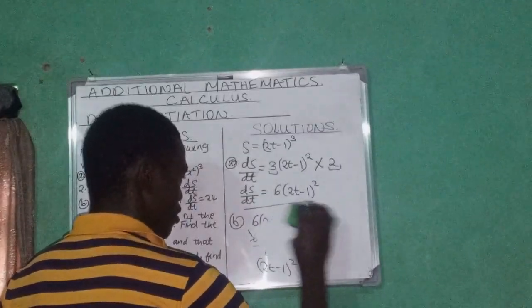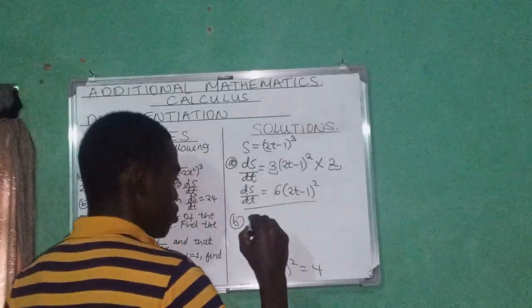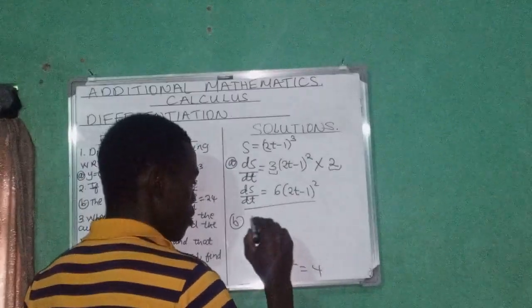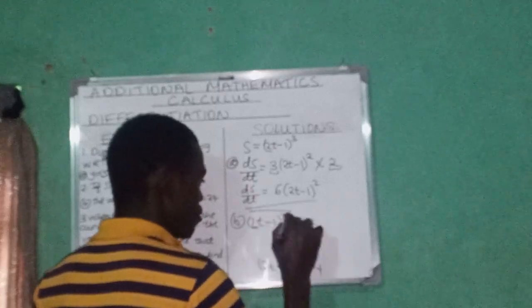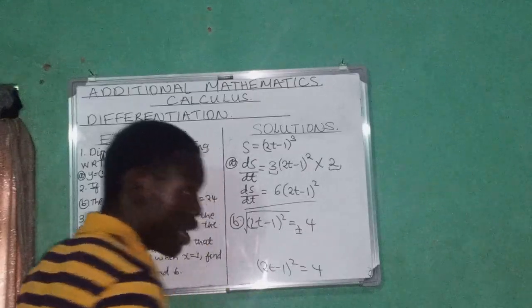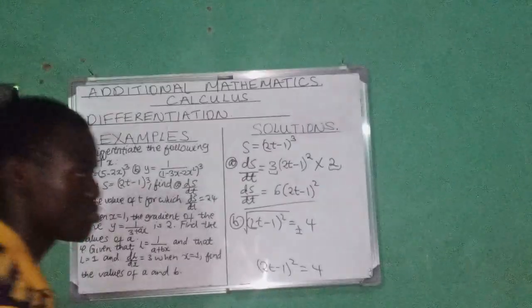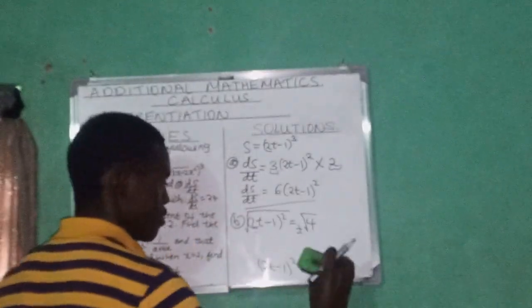And then to proceed here, as we can see, (2t minus 1) raised to the power 2 is equal to 4. We apply the square root to both sides of the equation. When we apply the square root to both sides, we always remember the plus or minus. Square root of 4, like that.